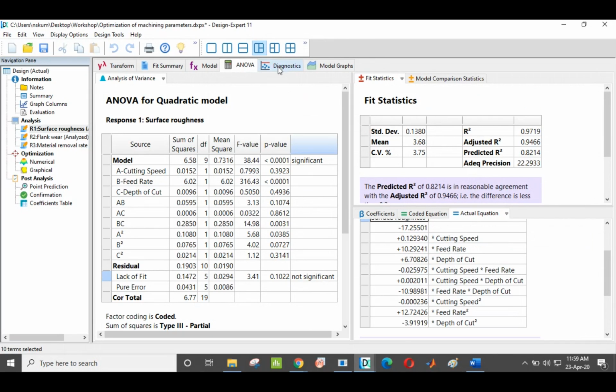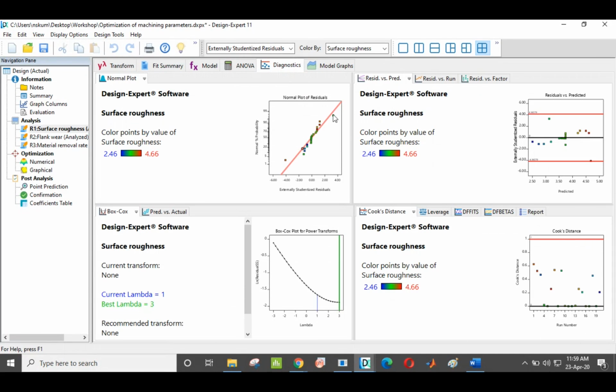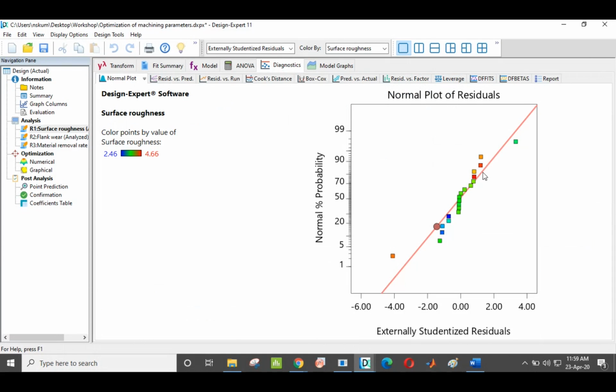Now I am going with diagnostic plots. Here you can see only 2 terms are not able to fit, but a perfect fit is possible with the other terms.